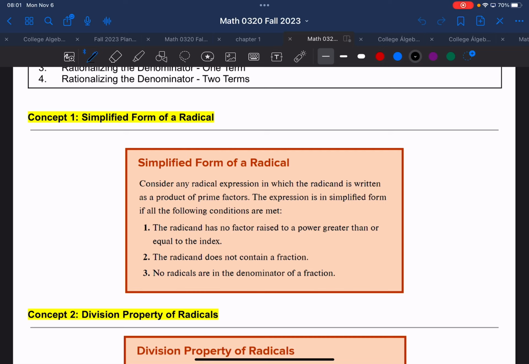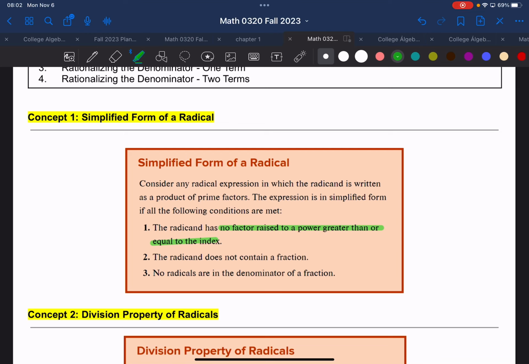So remember, we know that a radical is simplified if there is no factor raised to a power greater than or equal to the index. So our power, or in other words, our exponent, cannot be greater than that index.